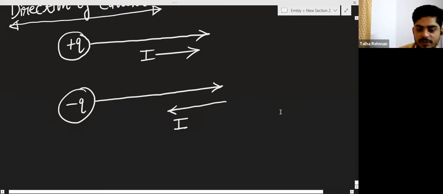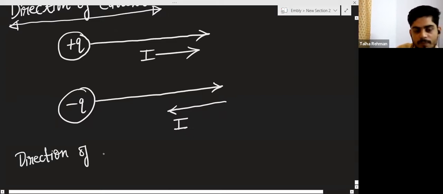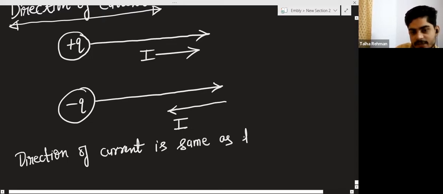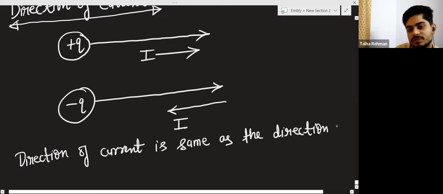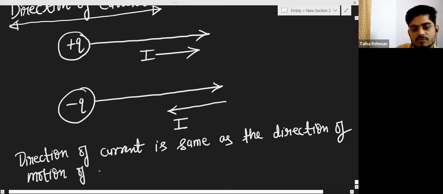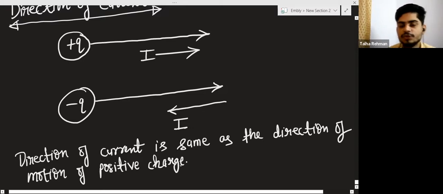So I am writing here: the direction of current is the same as the direction of motion of positive charge. Or you can say it is opposite to the direction of motion of negative charge.